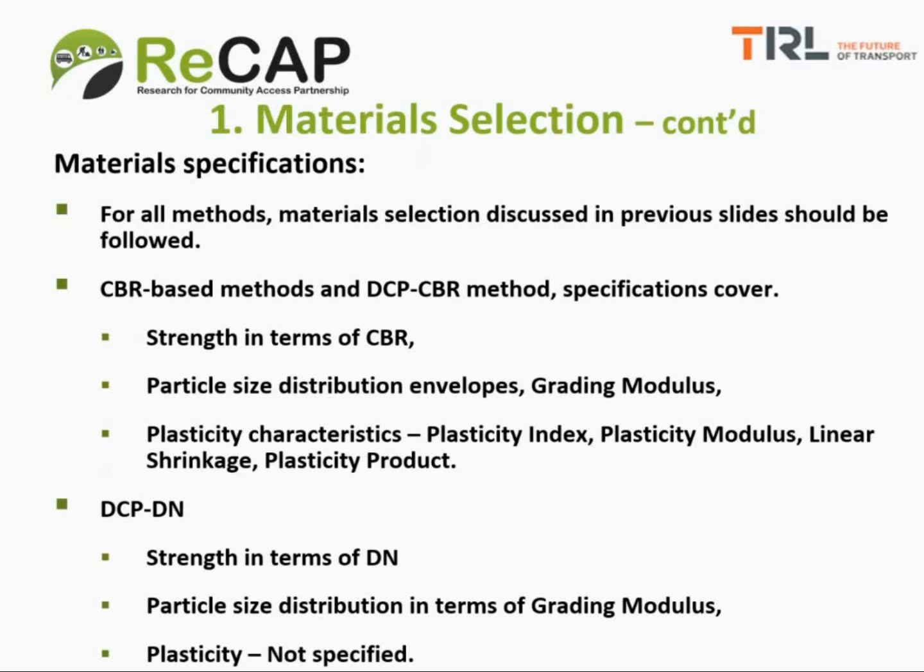Now, for CBR-based methods and also for the DCP-CBR method, specifications are often given in terms of strength, and strength is measured in CBR in this case. Particle size distribution envelopes, you may find up to 5 envelopes of which you have to choose from or comply to.